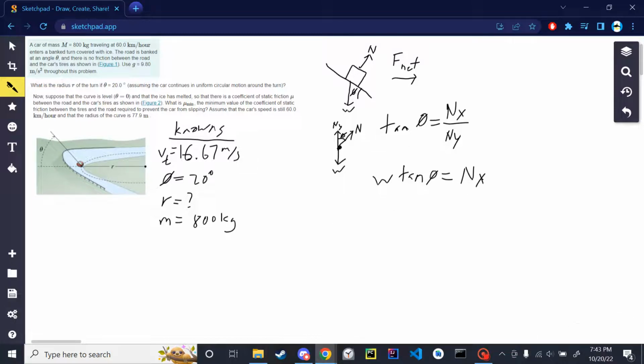And since we've got the net force pointing towards the center of the circle, we can figure out the radial acceleration, which is also the tangent velocity squared divided by the radius. And that's the thing we need right there. The radius has shown up in one of our equations.